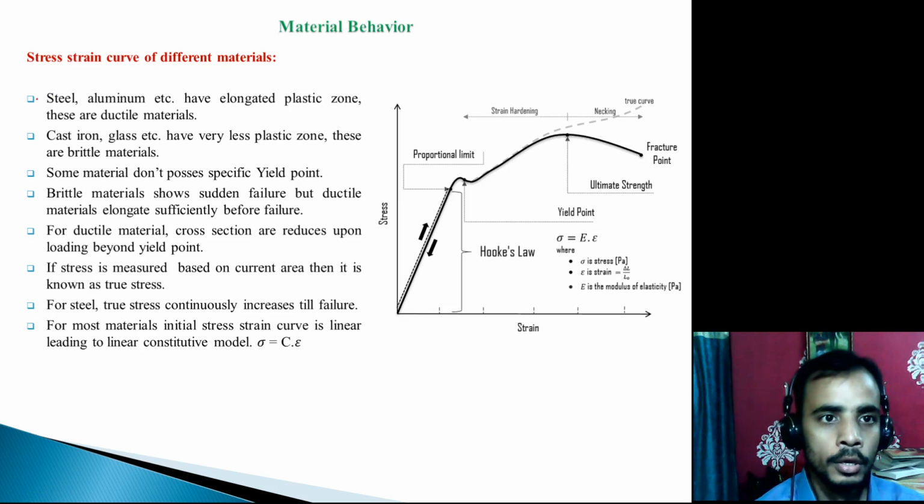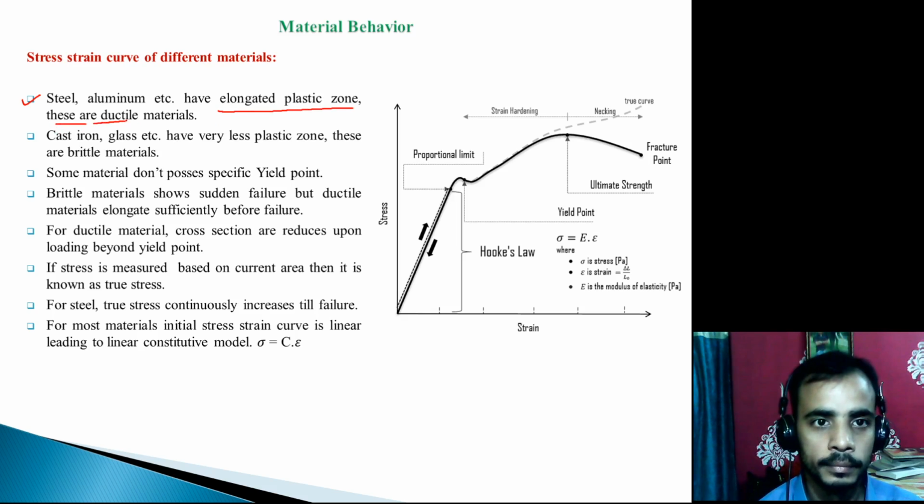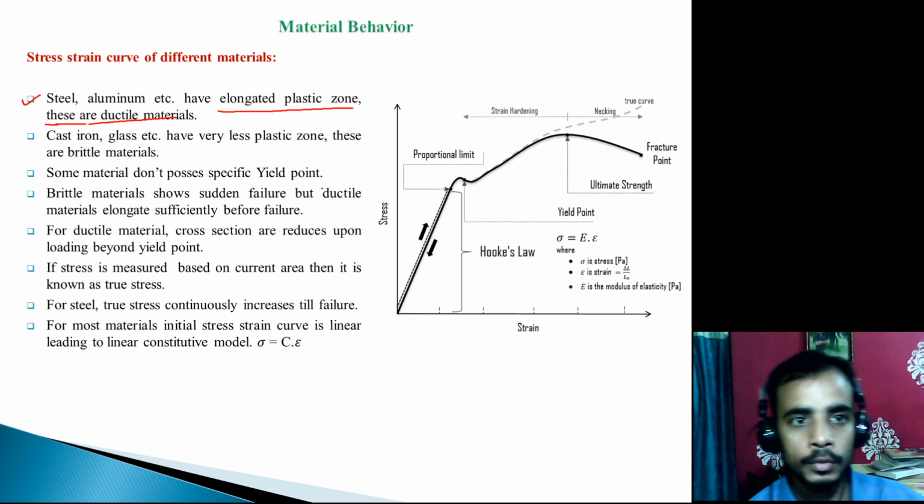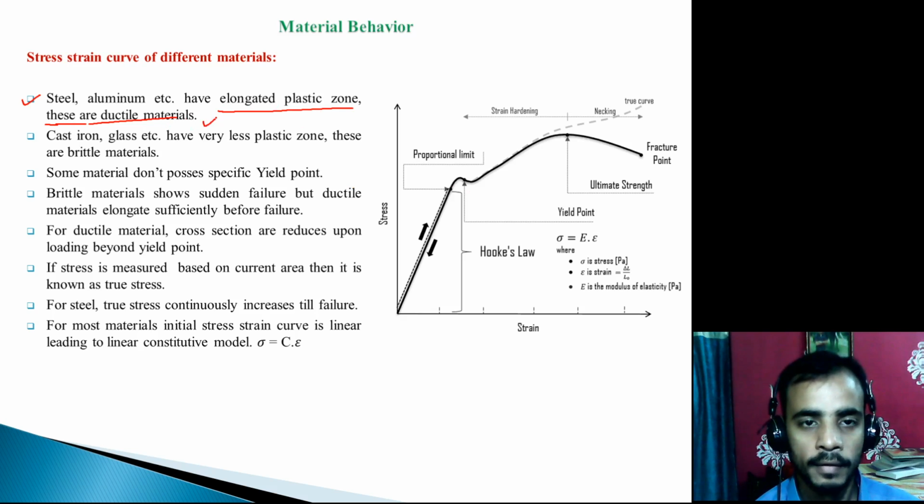Now steel, aluminium, etc. have an elongated plastic zone, and these are ductile materials. So for steel and aluminium there is an elongated plastic zone, so those materials are called ductile materials. Clear?